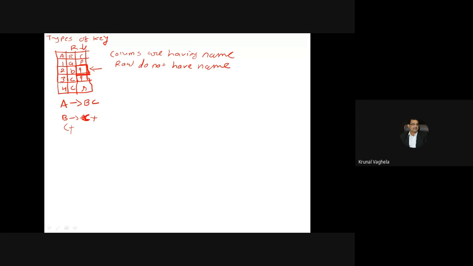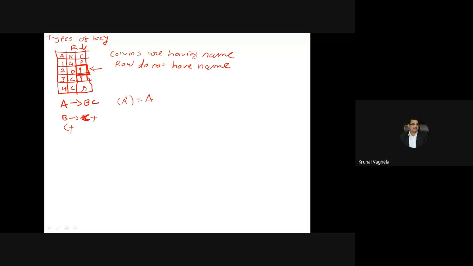The meaning of key is that from your key you can find every attribute of your table. So how can you verify whether I can find every attribute? Obviously you can find the closure. So closure of A: from A I can find A, yes.